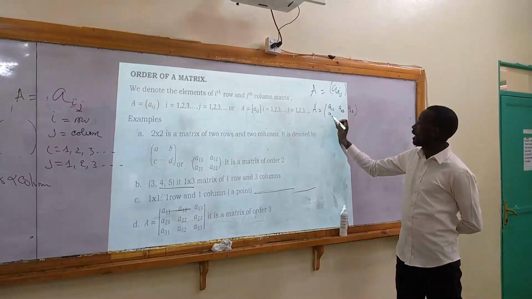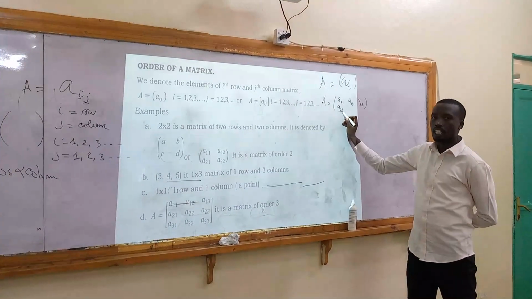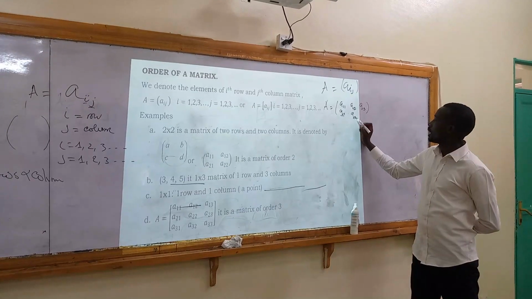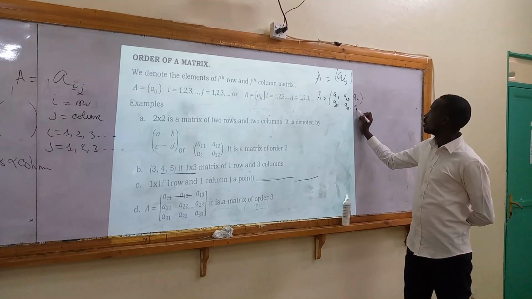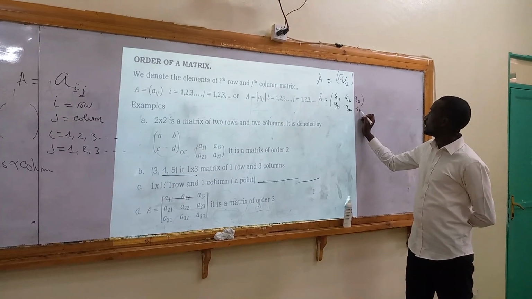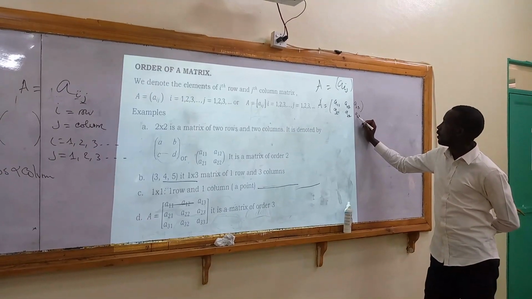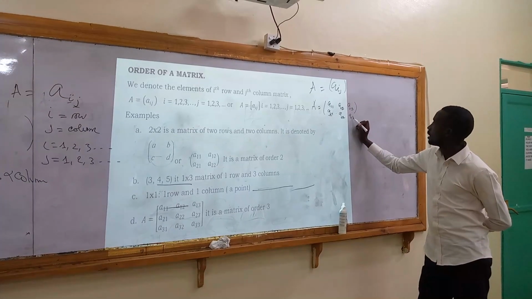When we say a21, this is an element on the second row, first column. a22 is the second row, second column. a23 is the second row, third column.